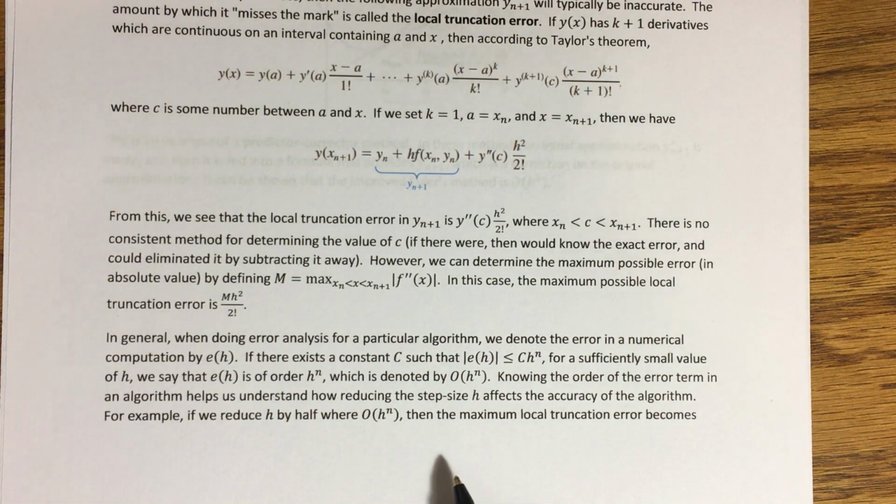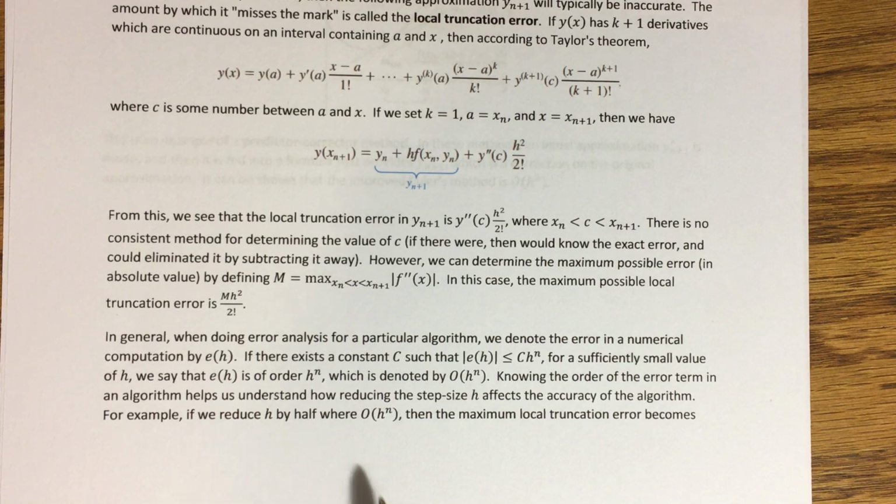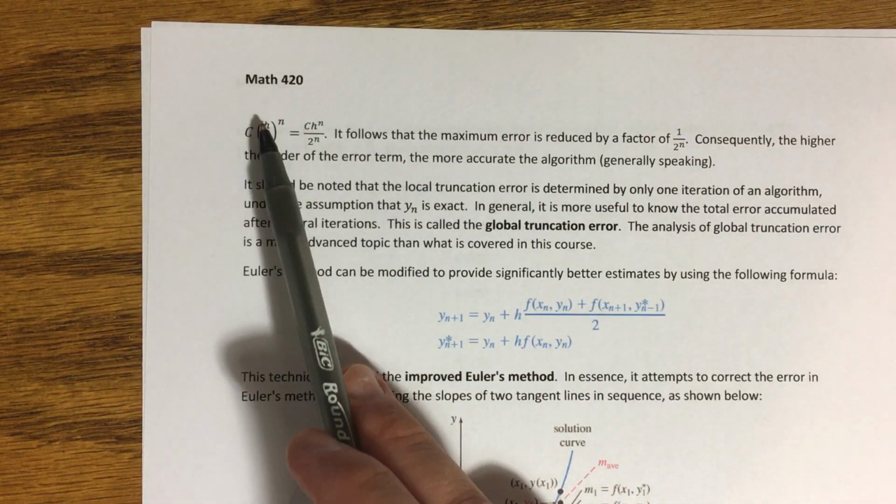Okay, so in our case, let's look at what exact effect changing the size of h has on an algorithm that has an order of h to the n. So let's suppose that we've evaluated our algorithm using a step size of h. And then let's say we rerun that algorithm, but we take half of that step size, h. What will that affect as far as the error term is concerned? Well, the maximum local truncation error is bounded above by this, C (h over 2) to the n.